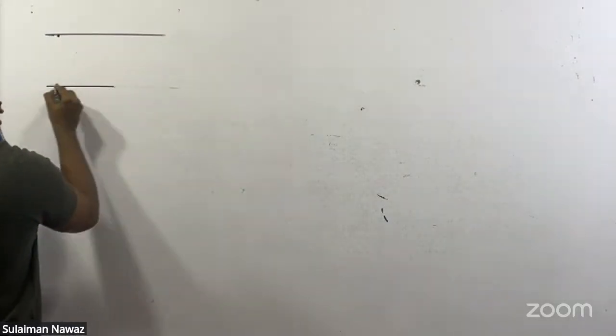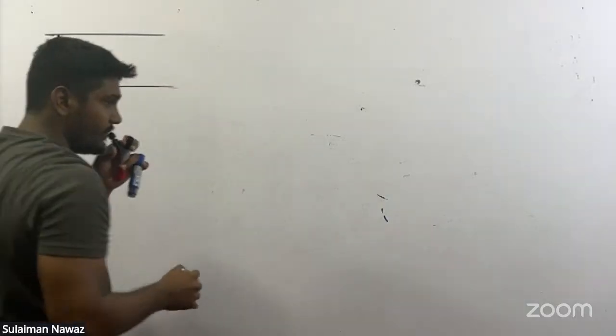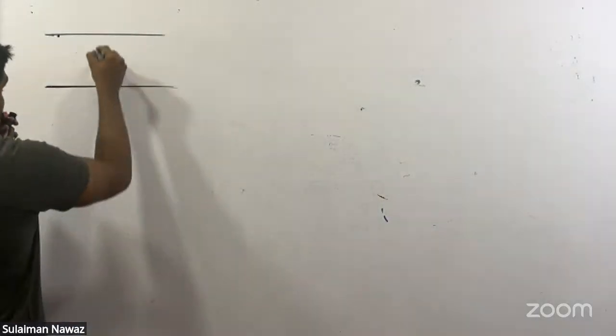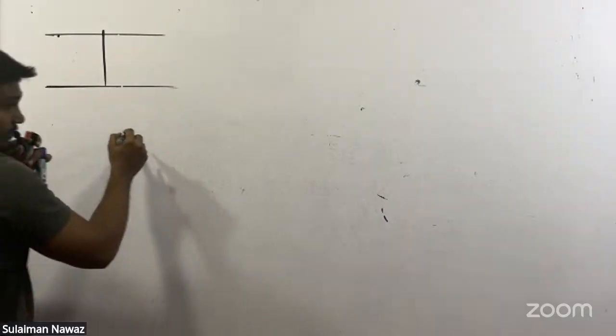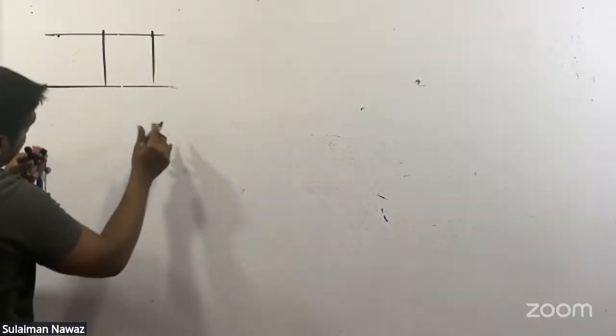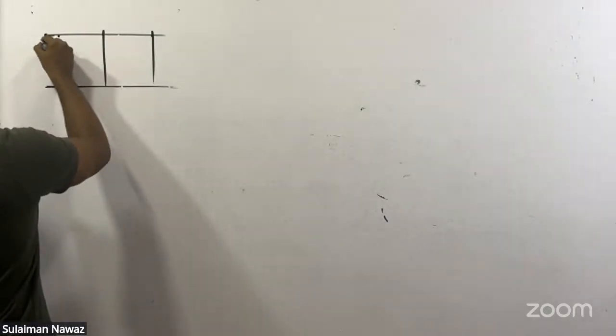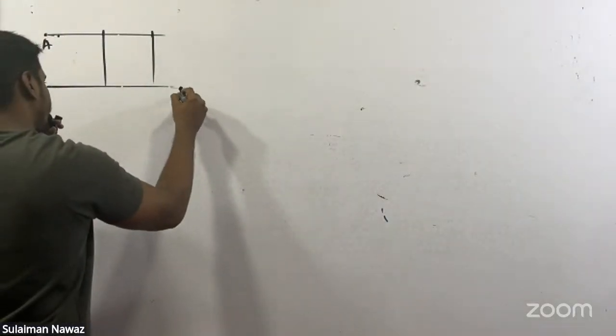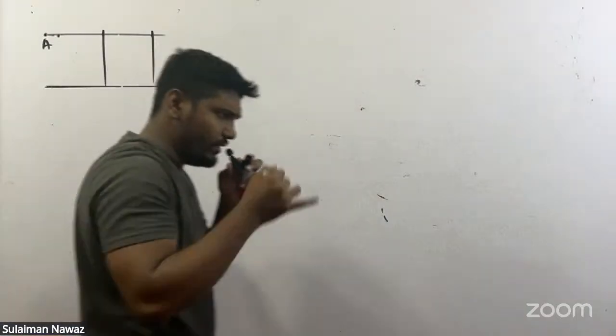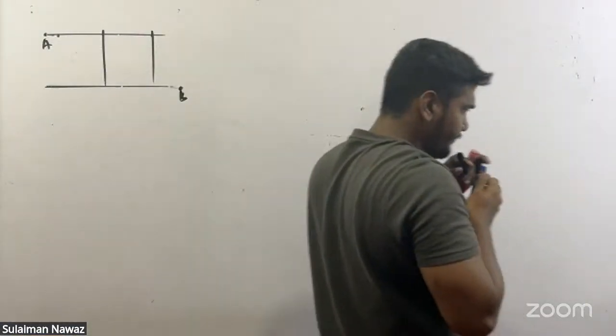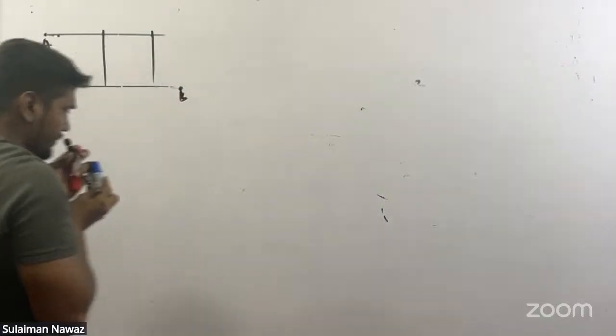Here this point is point capital A. This point is point capital B. You want to find the equivalent resistance between these two points. There are resistors.